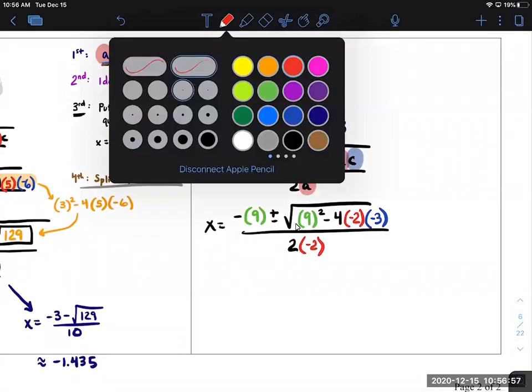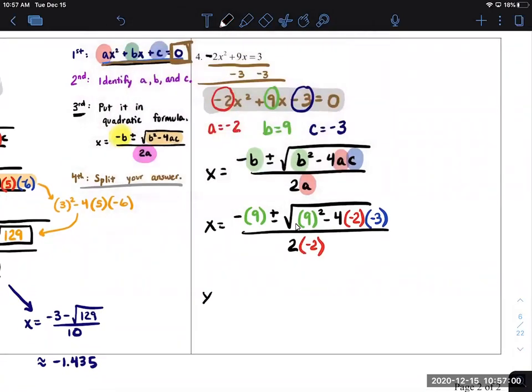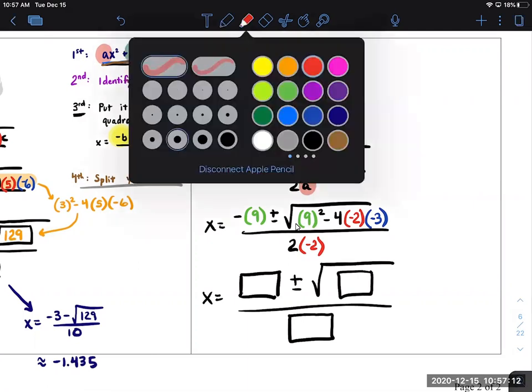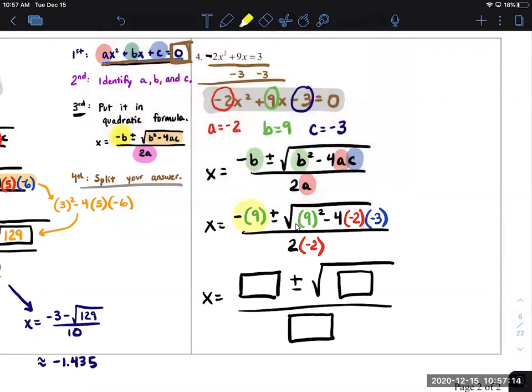We have to simplify. So let's come up with our boxes. That way we know where to put everything. Something plus or minus the square root of something else divided by something. So we're going to focus our attention on what happens before the plus and minus first. I have a -9.